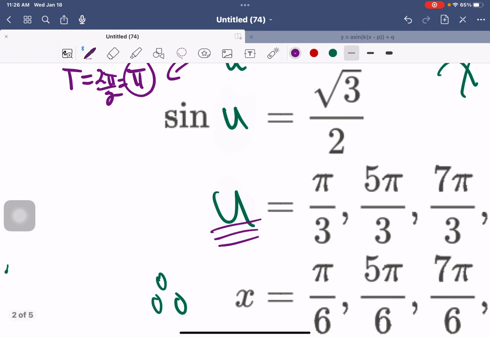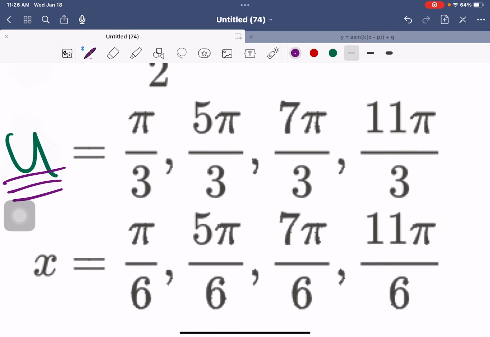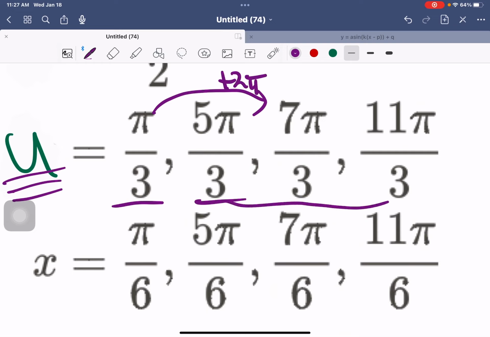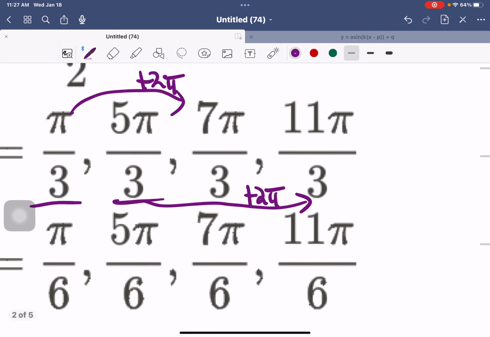So pi by 3 and 5 pi by 3 are the obvious ones. But now what I need to do is add 2 pi to get the next revolution for pi by 3. Here, add 2 pi to get 11 pi over 3, right? Now I have 4 solutions between 0 and 4 pi.